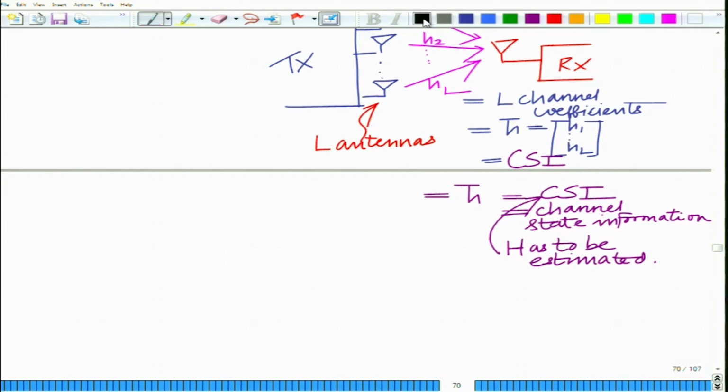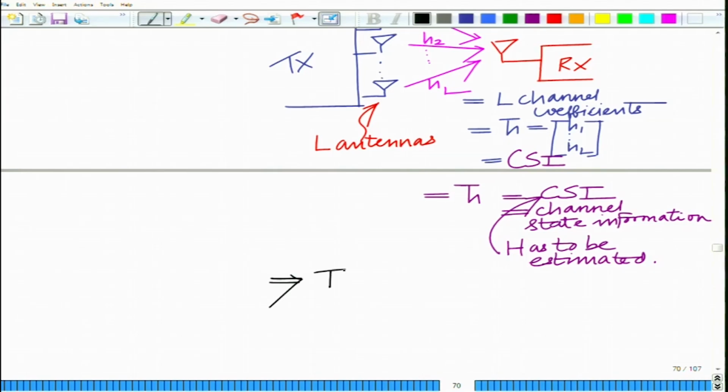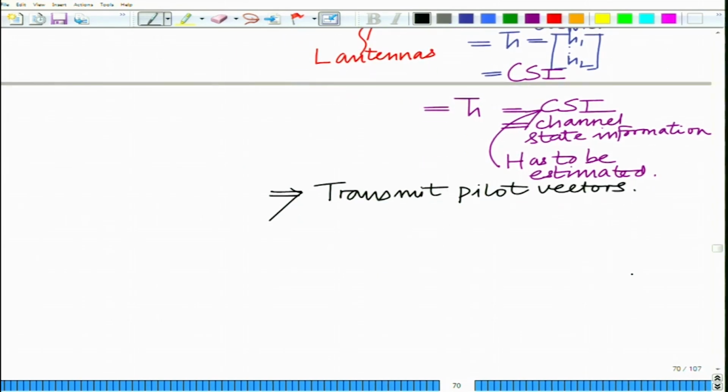Now, to estimate this channel state information, we transmit pilot symbols. These pilot symbols are symbols that are known at the receiver. So, to estimate the CSI, we have to transmit pilot symbols, in this case pilot vectors.